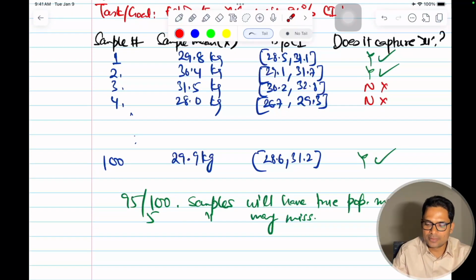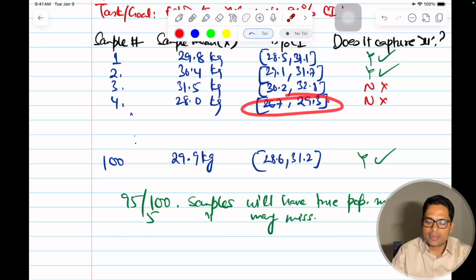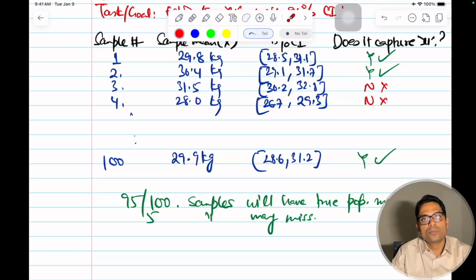These 2 samples don't have it. Similarly, 5 samples may miss capturing the true population mean in the given range. That's what 95% confidence interval means. I hope this is clear now.